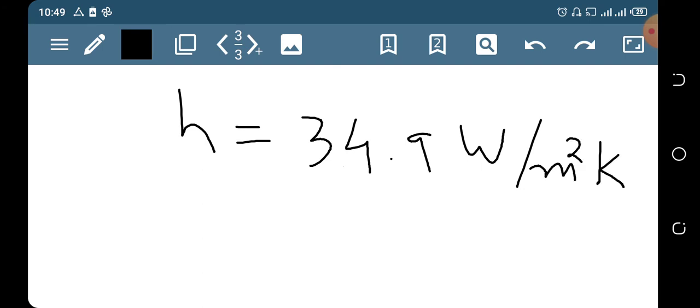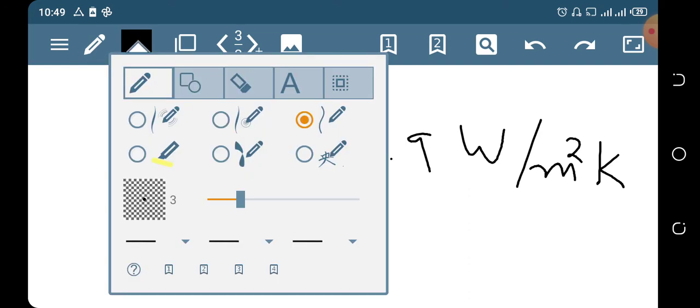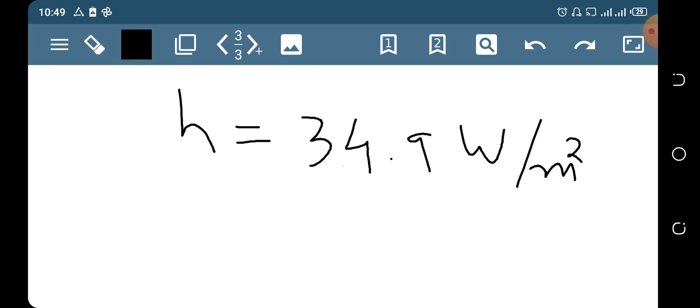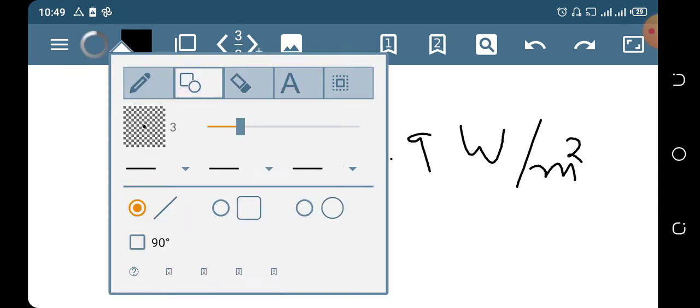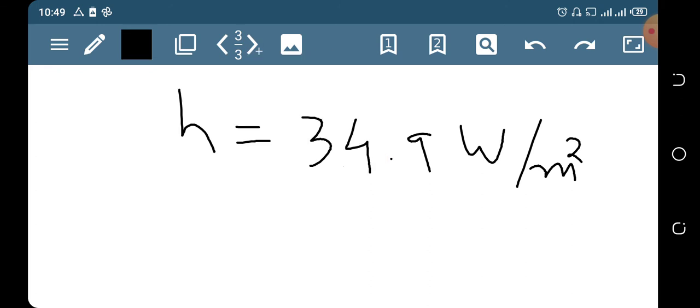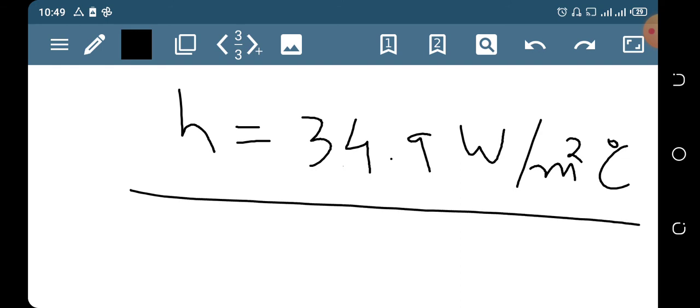Or you can also write degree centigrade because it is a difference of temperature, and it is better to write degree centigrade over here because we have solved in degree centigrade. Now we have found the value of the heat transfer coefficient for this particular example.